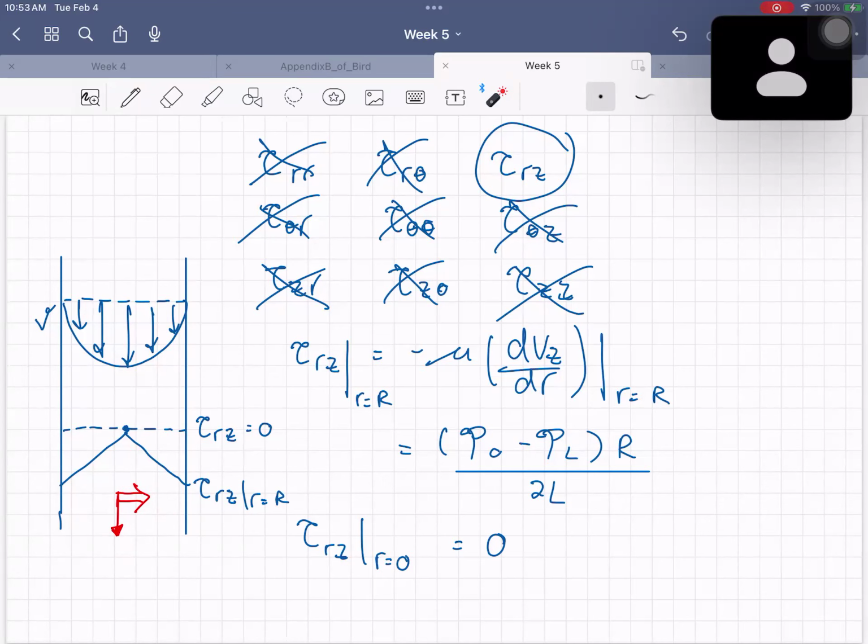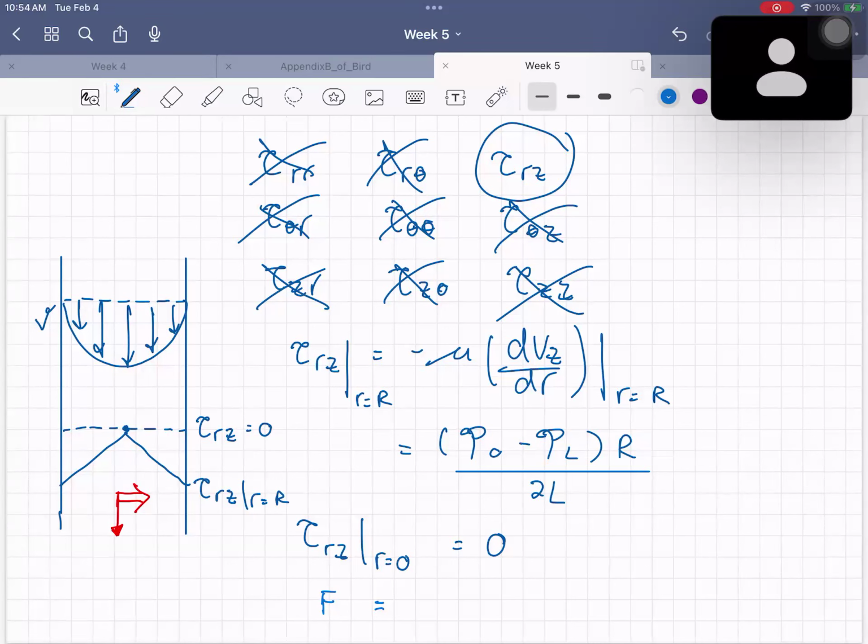Besides momentum flux, they can ask you about the force exerted on the fluid by the wall. So it's on the wall right here. How much force would it be in this case? You know that shear stress is equal to force divided by area, right?